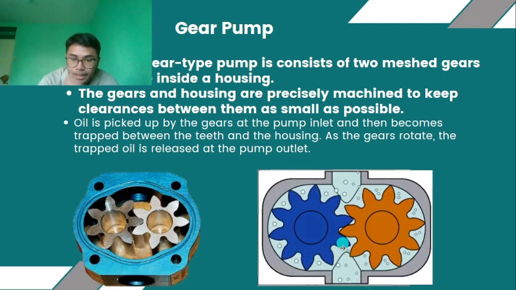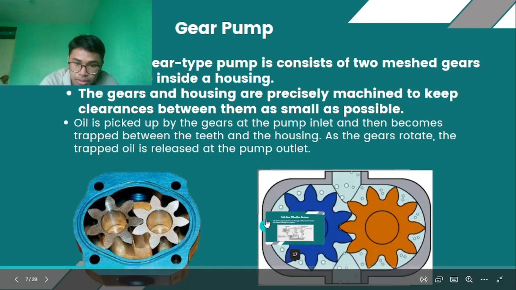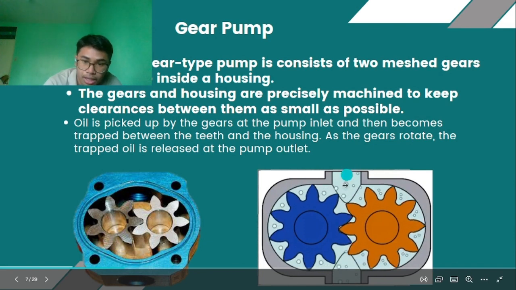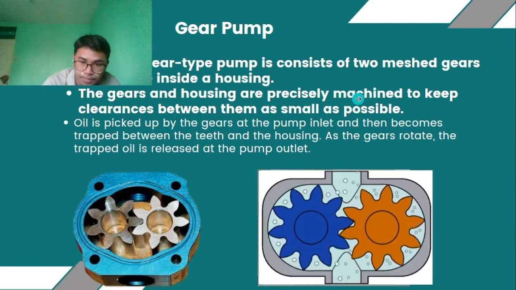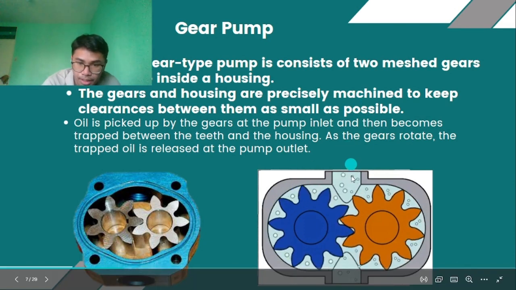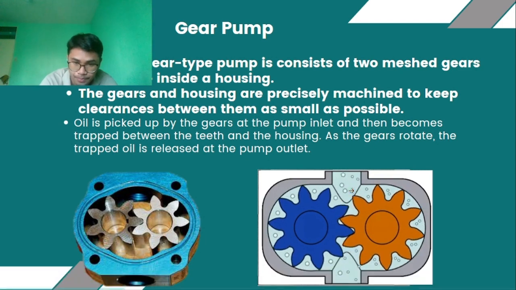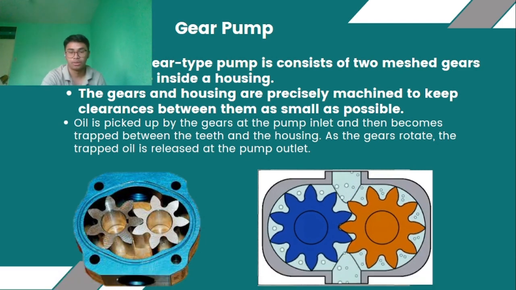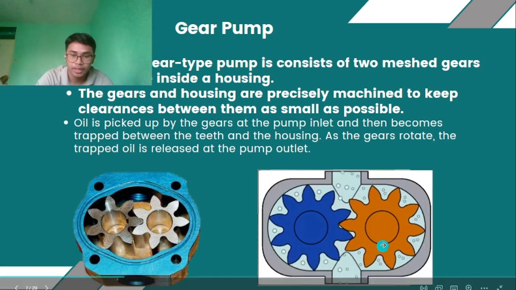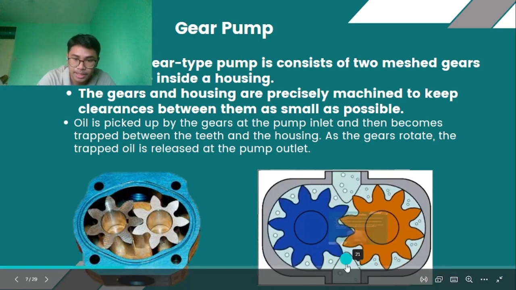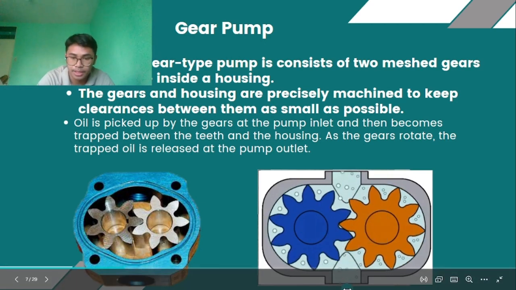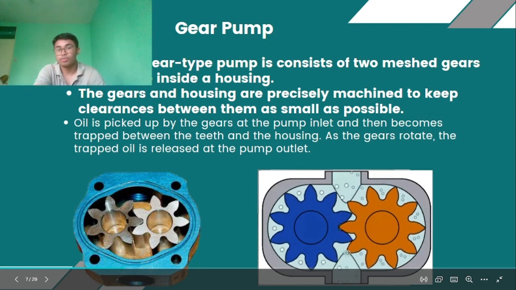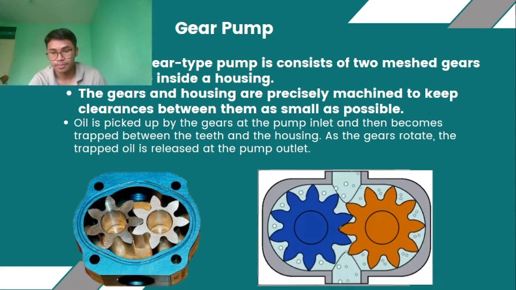Then, at dahil doon, forward ang ating motion. So, positive displacement ang tawag, ang type niya. So, may tendency ba na bumaba dito? Yes, meron po. May tendency. At doon papasok si scavenge pump.